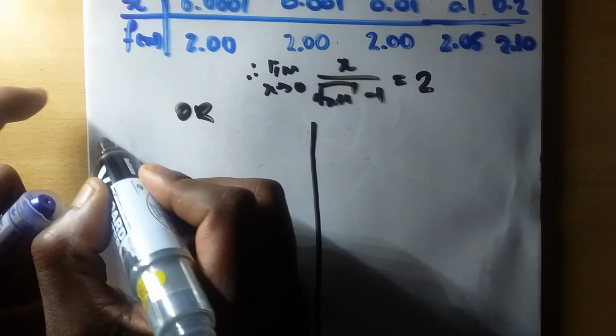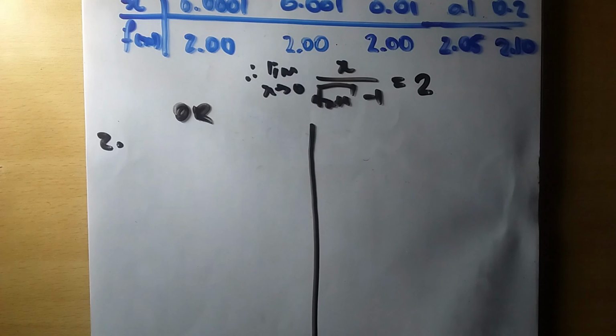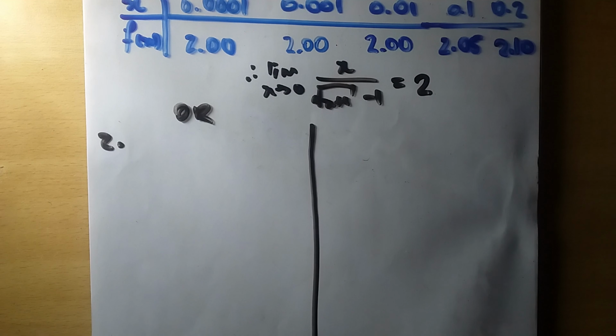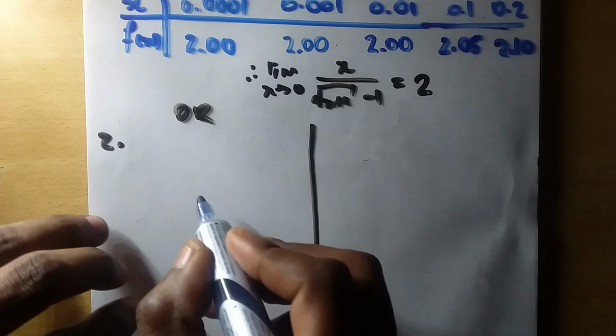Now this is the second method, and the second method is the graphical approach. Okay, so the graphical approach, we are going to have a function.